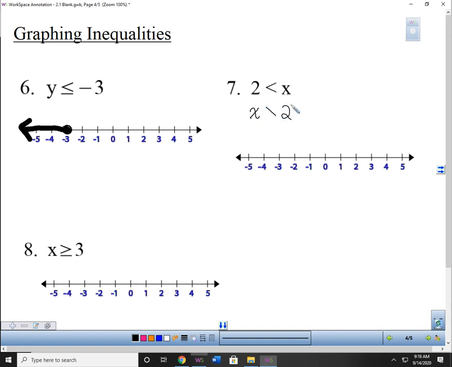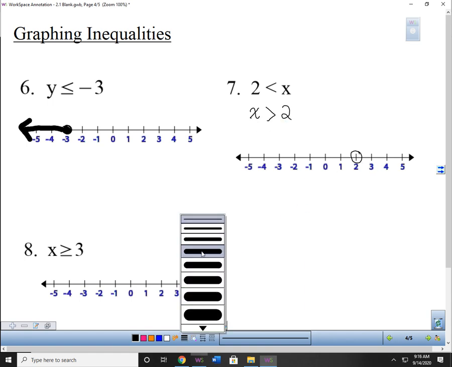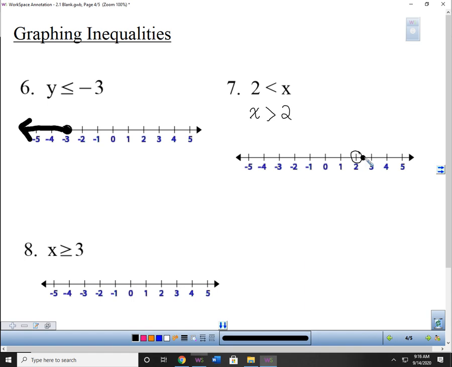So I'm going to go to 2, and I'm going to look at my symbol. There's no equal to bar, so this is going to be an open circle. And then I'm going to shade all of the numbers that are greater than 2. That means all of the numbers to the right. These are all numbers that are greater than 2. So 3, 4, 5, 6, 7, 8.